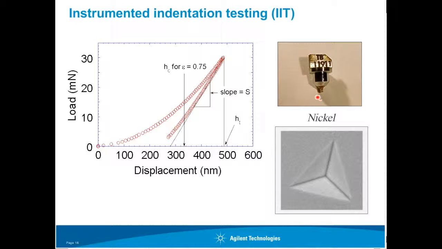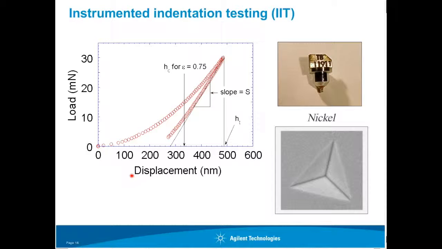When that's pressed into a material, it leaves a residual impression that looks like this. This is a residual impression in nickel. And what we are looking at during the test is force and displacement.